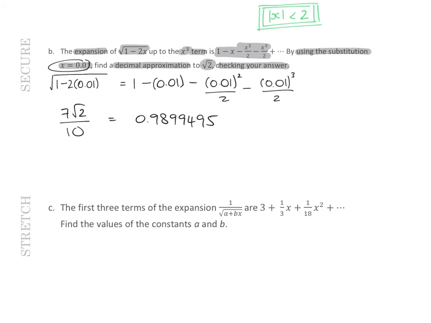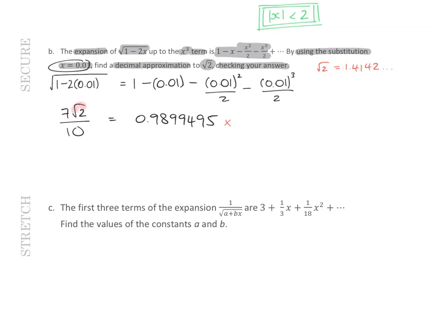Okay, so this is where your subbing into both sides comes in really, really important. If we were to check root 2 is what we're aiming for. We're aiming for something that is approximately 1.4142 something, which this is not currently.